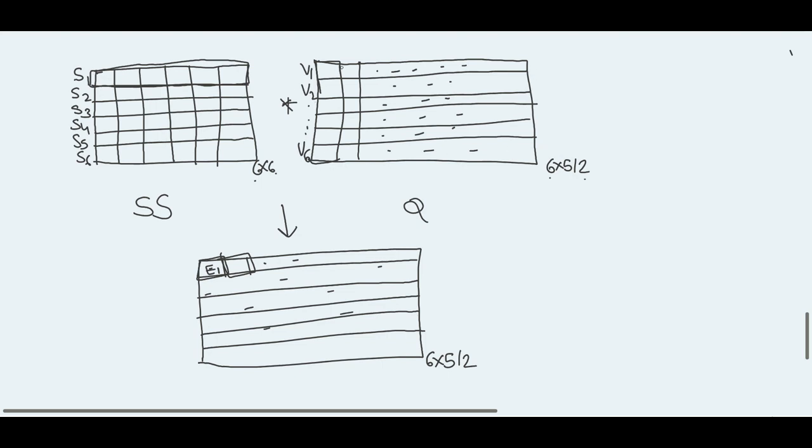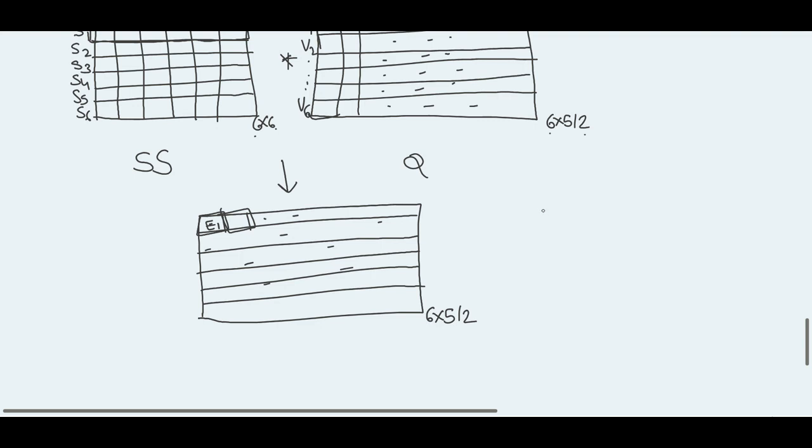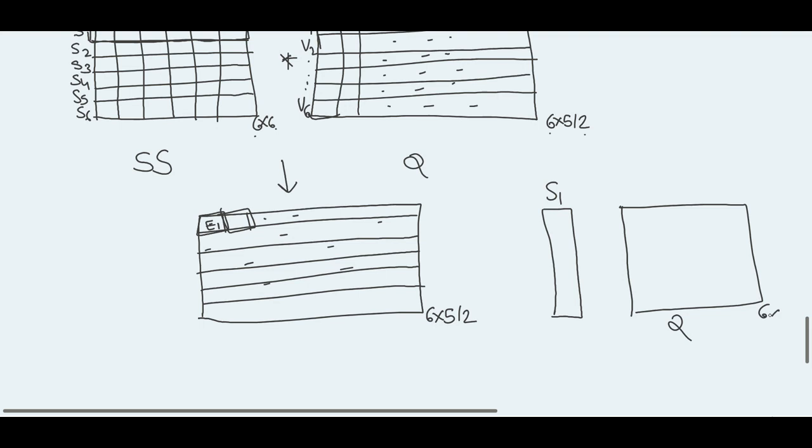You can view it in this way: this is your S1. More formally it should be written as S transpose, but let it be S1. And this is your input matrix Q of 6 cross 512.